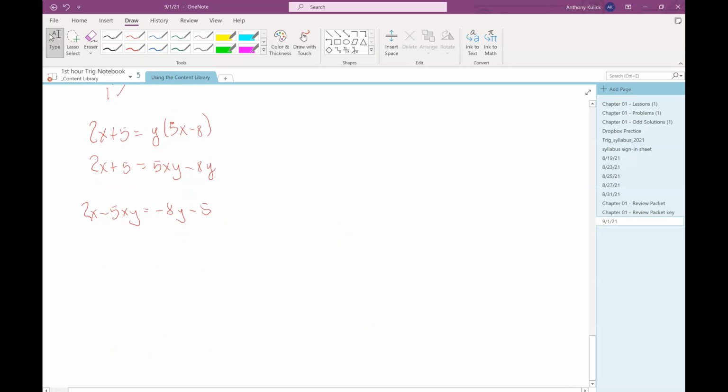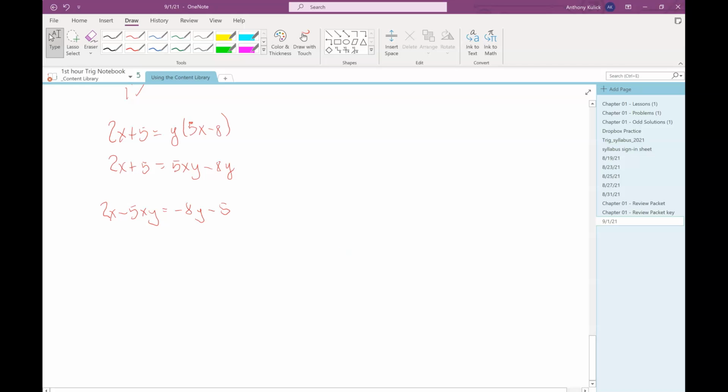If I look at the left-hand side now, I notice that both terms contain a factor of x. Everybody see that? So I can factor a greatest common factor of x out of that. Which is important, because that's what allows me to go from x's in 2 places to an x in 1 place.